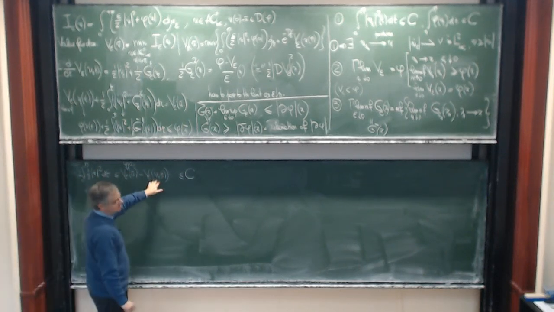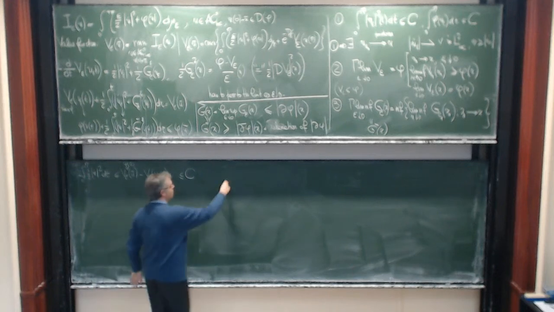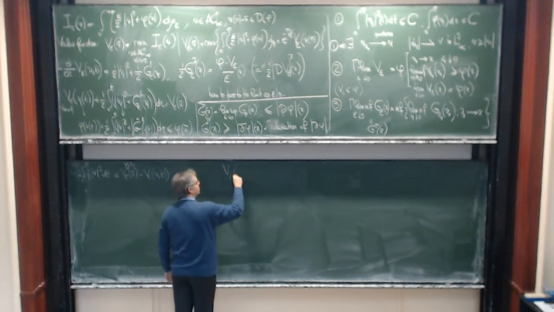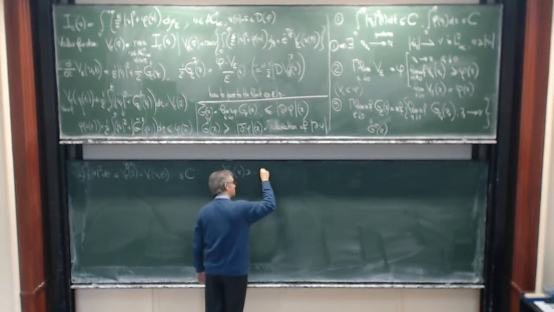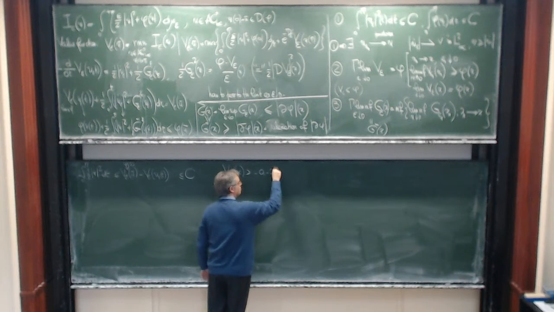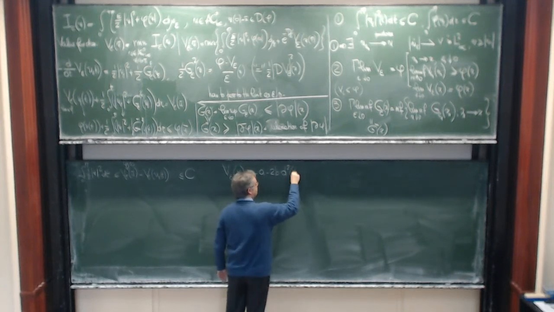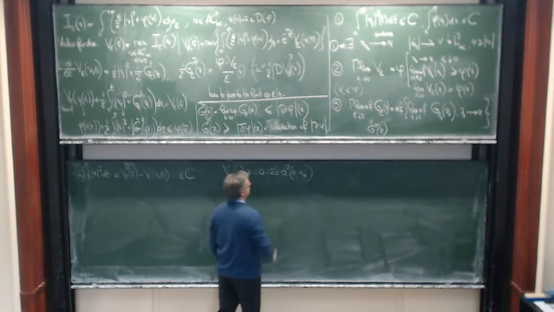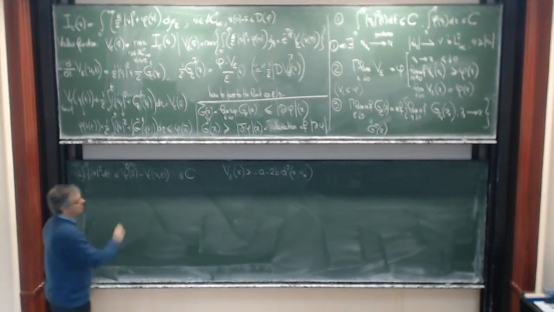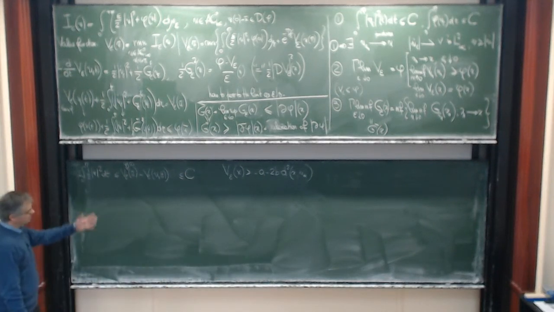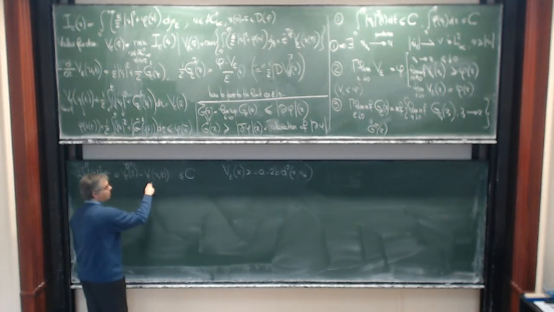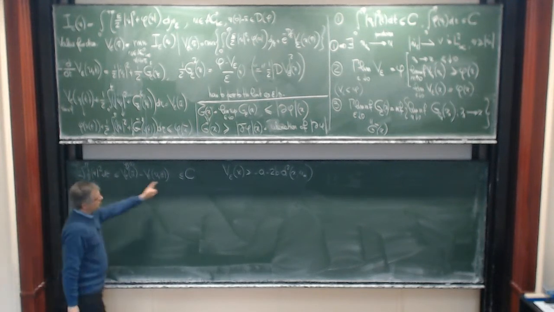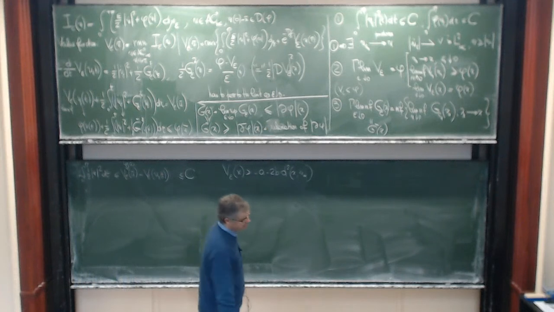You need some extra work here to remember that we have proved that V epsilon of x is always bounded by minus a constant a minus 2b, the distance square of x from a reference point in your space. This was one of the first a priori bounds I gave in the second lecture by using the Poincaré inequality. And then plugging in this quantity and using Gronwall, you may prove this a priori estimate.